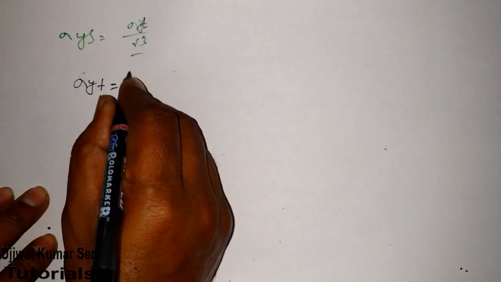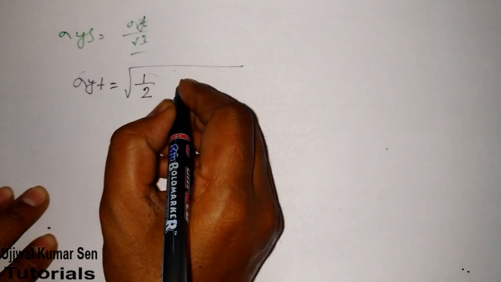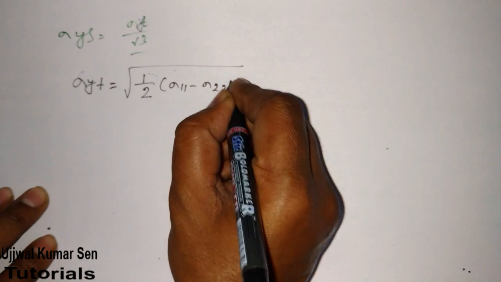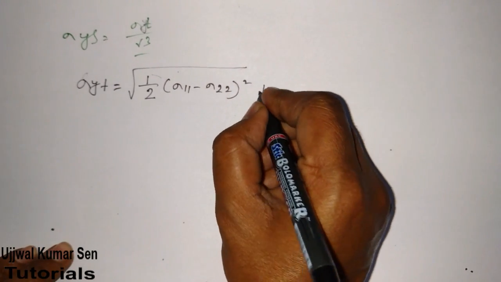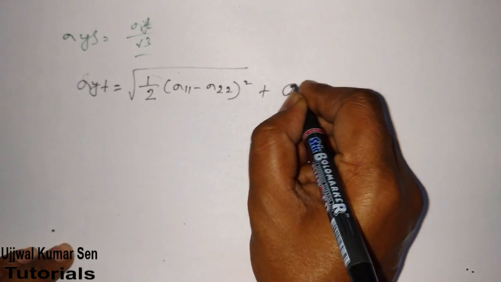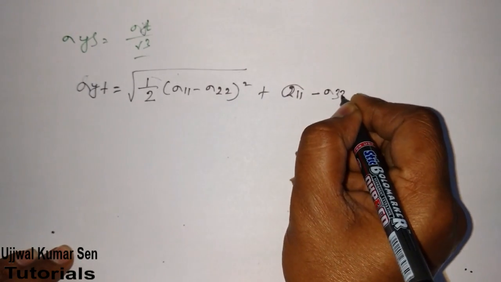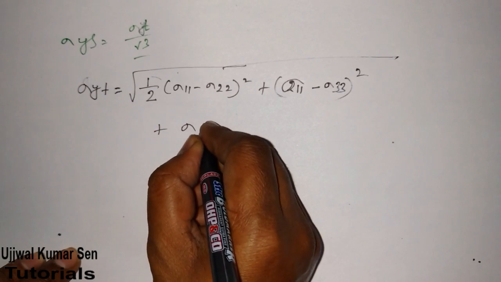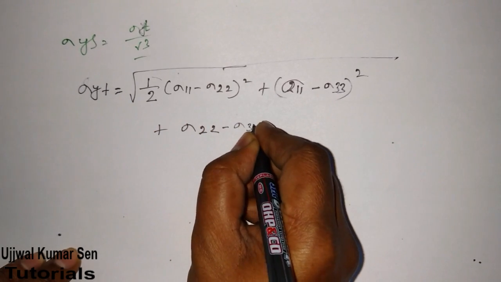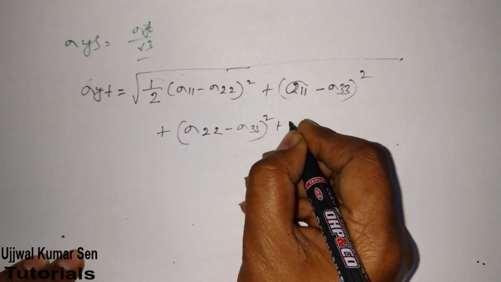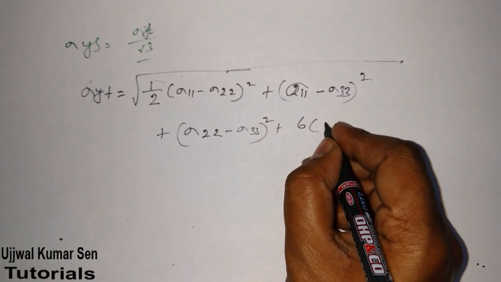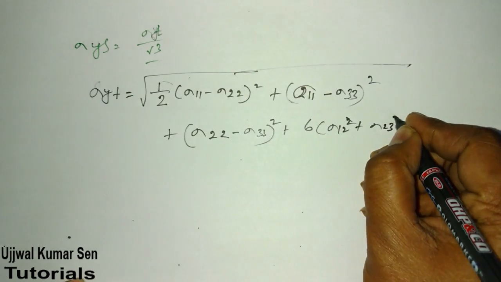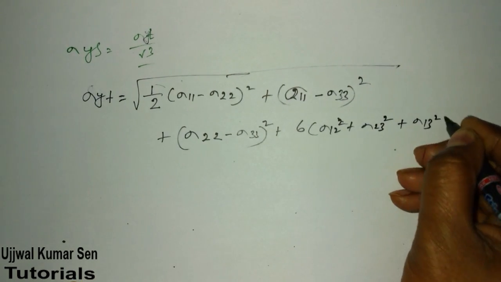Its formula is 1 by 2 of (sigma 11 minus sigma 22) square plus (sigma 11 minus sigma 33) square plus (sigma 22 minus sigma 33) square, this is for yield, plus 6 times (sigma 12 square plus sigma 23 square plus sigma 13 square).